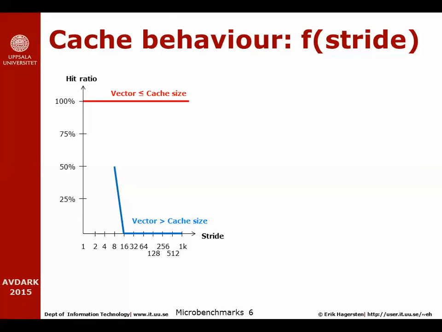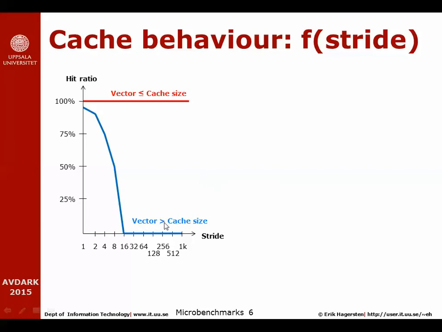We make the stride half as large, and now it's suddenly 75% because now we have 1 miss and 3 hits. We make it half as large, and you can guess what the effect will be: 1 miss, 7 hits, and 1 miss, 15 hits. And so the hit ratio goes up and up the smaller steps we take.